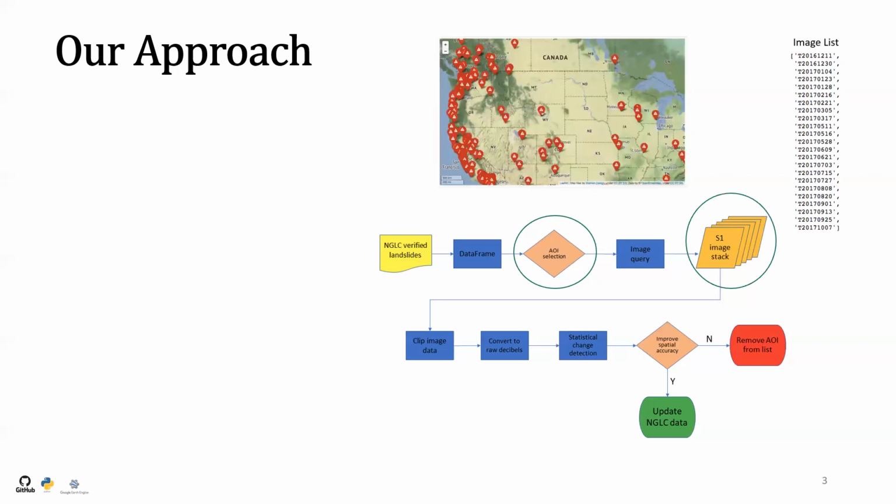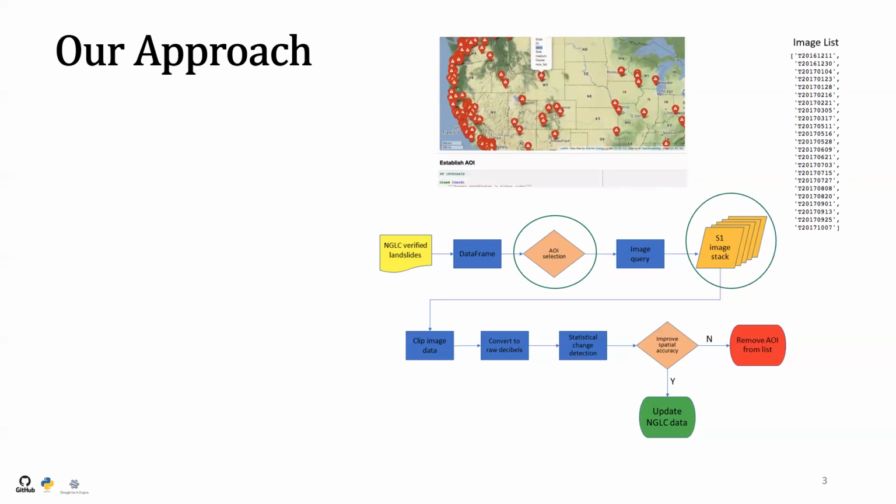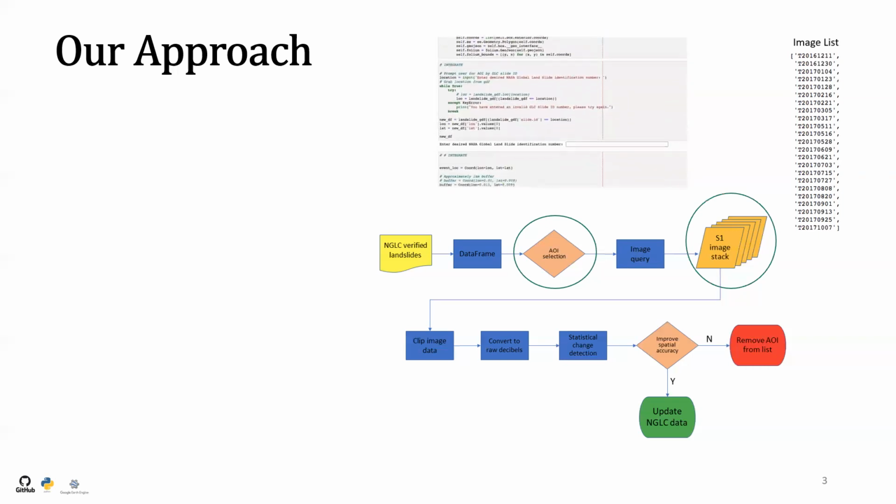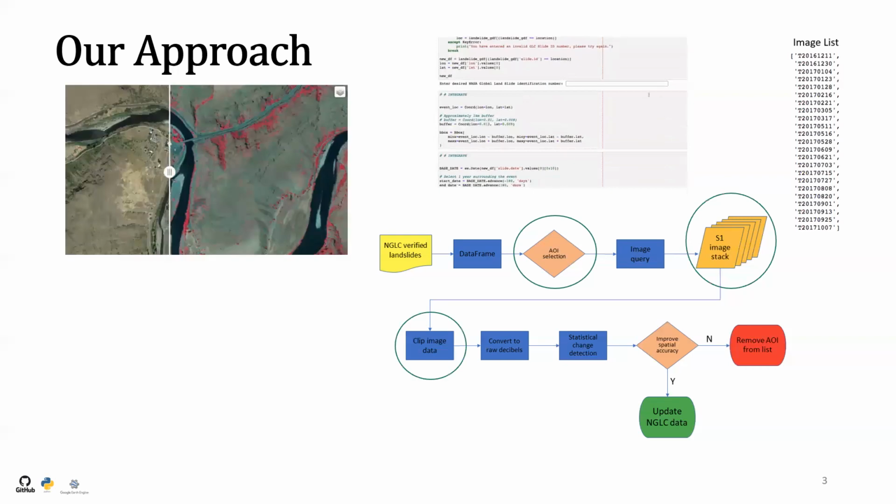The image list is bounded by the bounding box that we create off of the landslide database, and then bounded by 180 days on either side of the confirmed event.